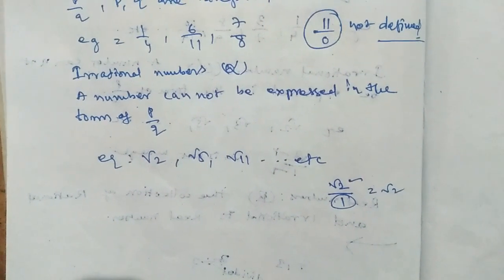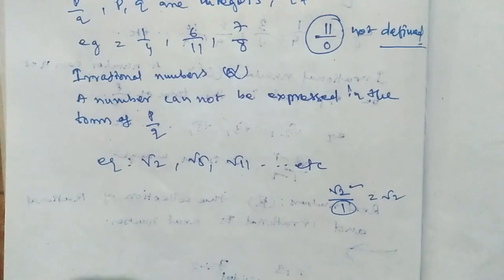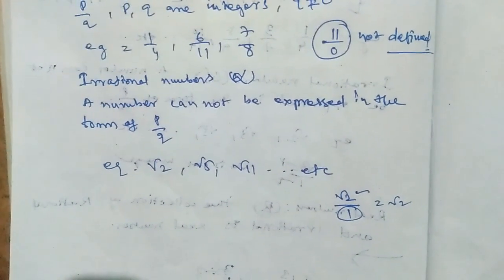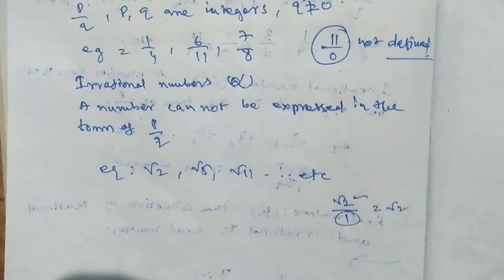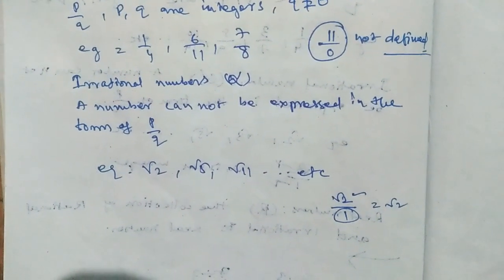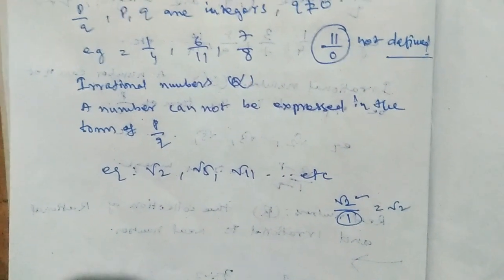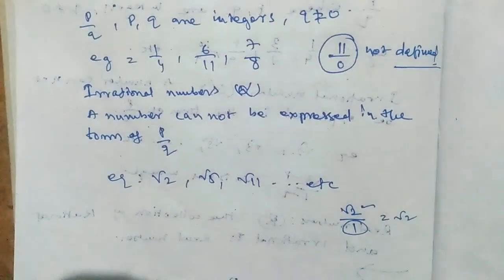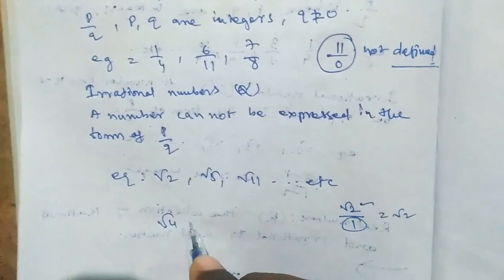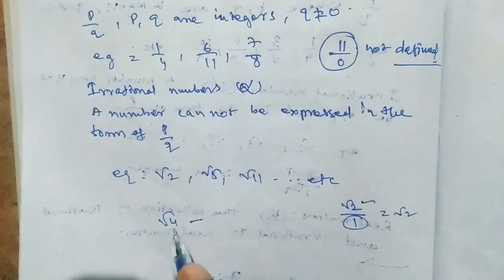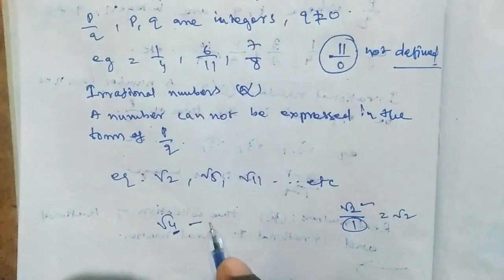I simply say the roots of imperfect squares, not perfect squares, are irrational numbers. Suppose you take root 4. It is a rational number. Why? Because 4 is a perfect square. What is the value of root 4?